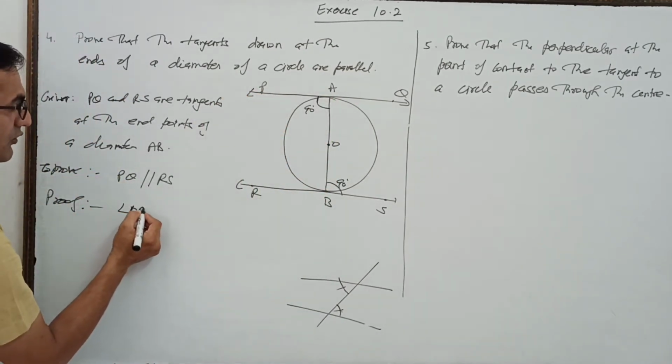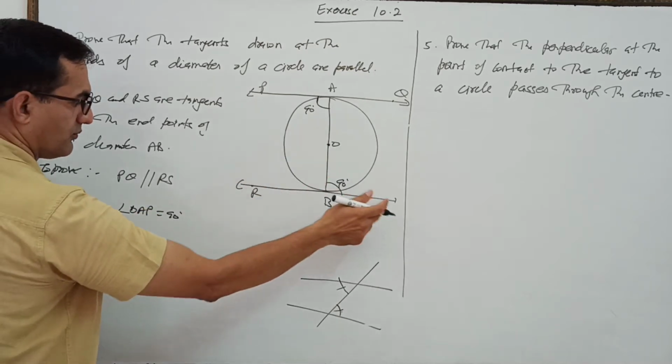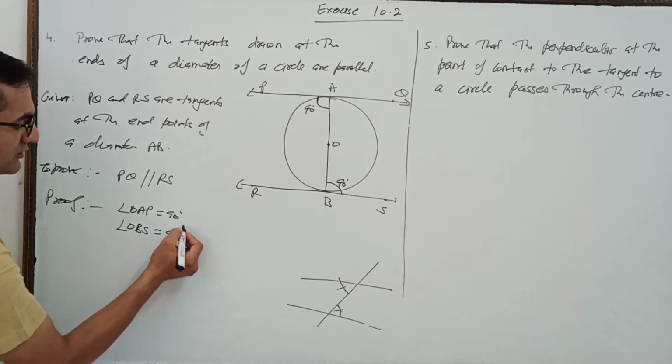Okay. So first of all, write angle OAP is equal to 90, and angle OBS is also 90.